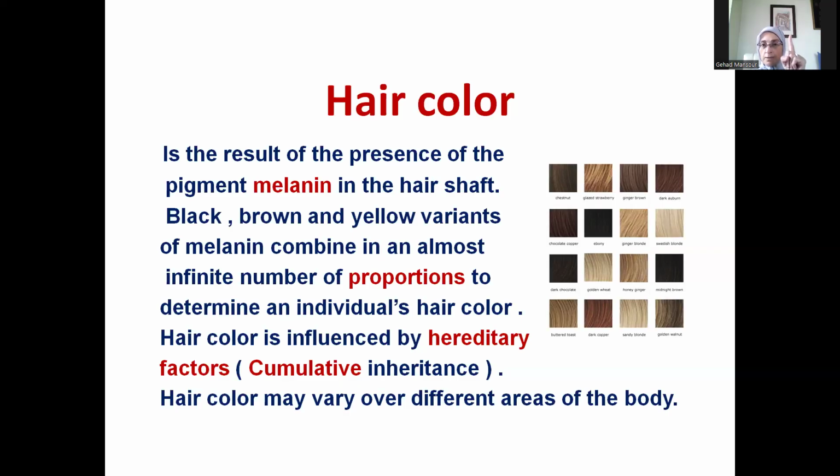So this is what cumulative inheritance means, and this is the first factor that determines the hair color. But there are other factors that determine hair color.